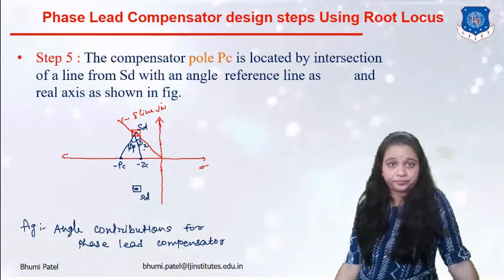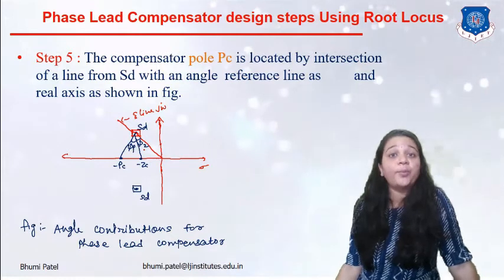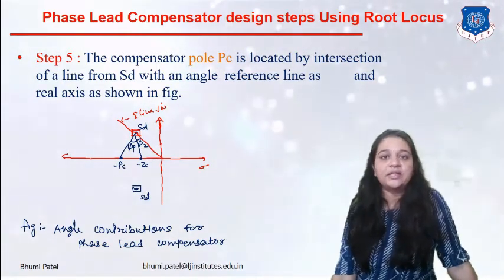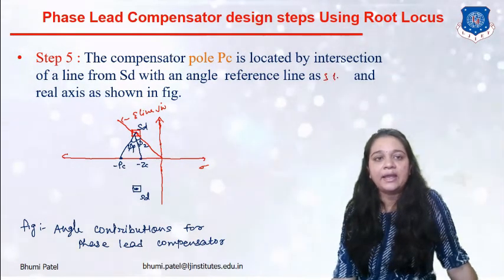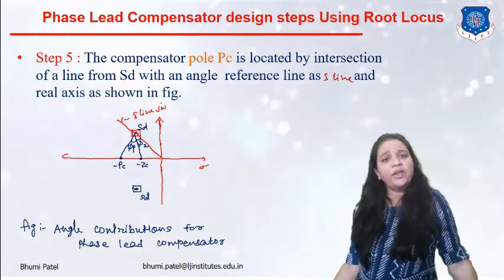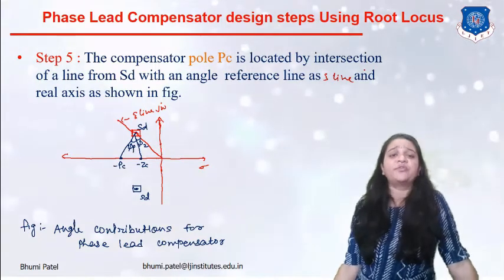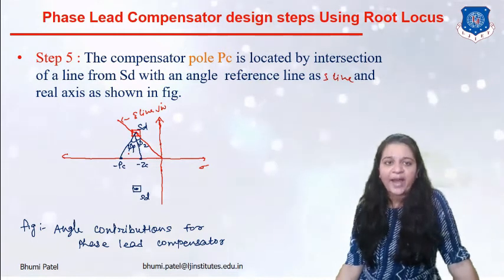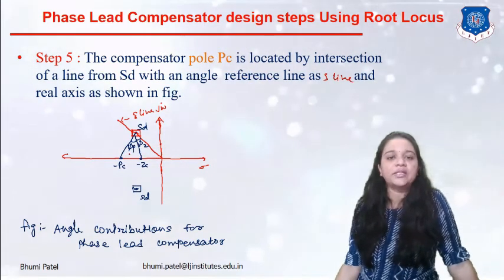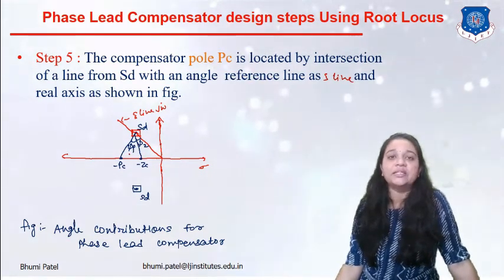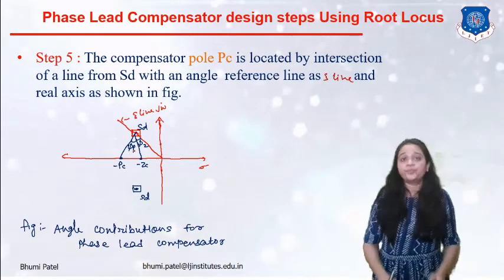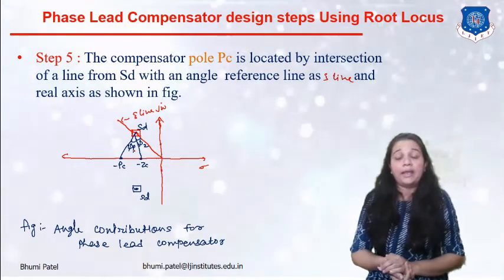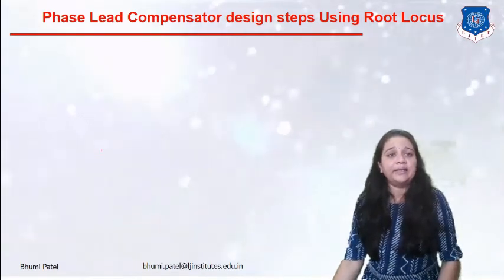After that, the compensator pole PC is located by the intersection of the line from the HD with the angle line, the zeta line, and the real axis, as shown in the figure. The same steps are followed. Now we draw the angle for the pole, which is phi p from step number 3. So in step number 5 we draw the angles phi z and phi p with the reference zeta line.